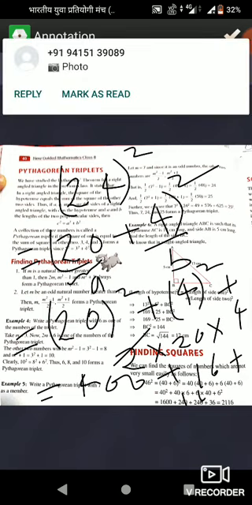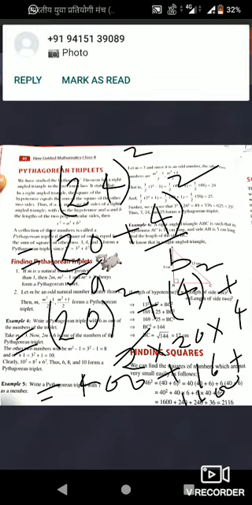Now 20 square becomes 400, 4 square becomes 16, and 2 into 20 into 4, that is how much? 2 into 20 is 40, 40 into 4 is 160. Now add these together and you get the answer. So this method we can use only for 2-digit numbers, not all numbers.